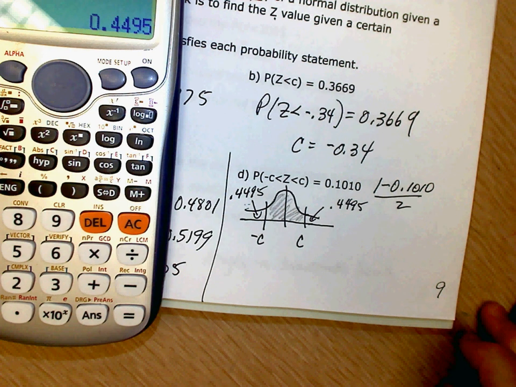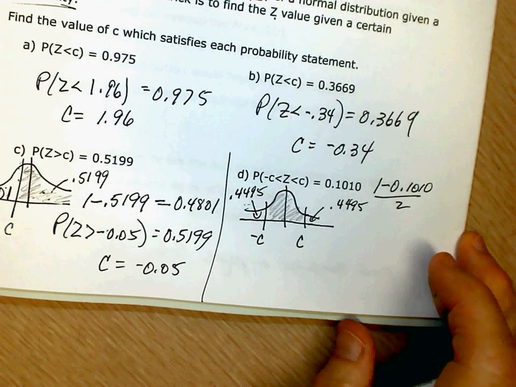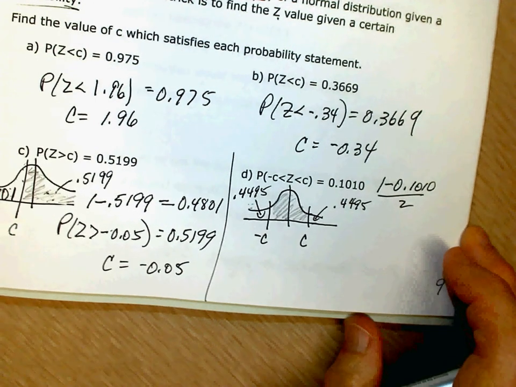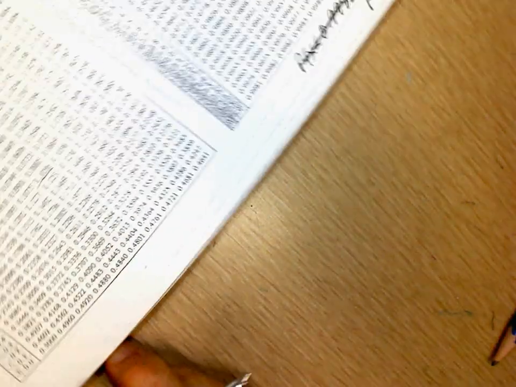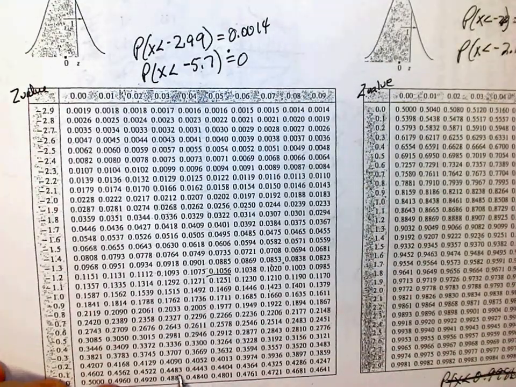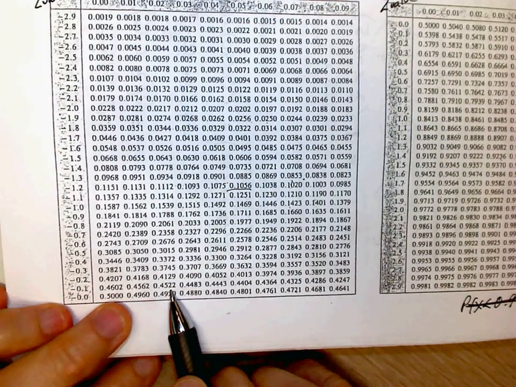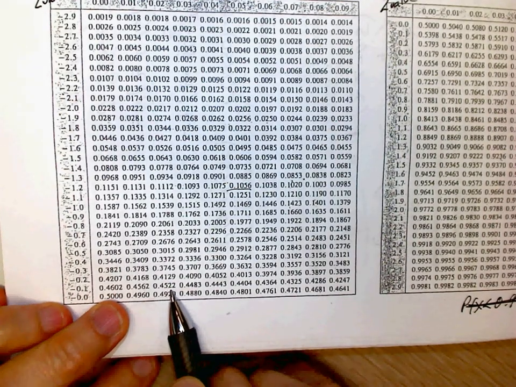Let's give it a try here. 0.4495. We're just going to pick the closest one. This is like 27 above, this is 17 below.